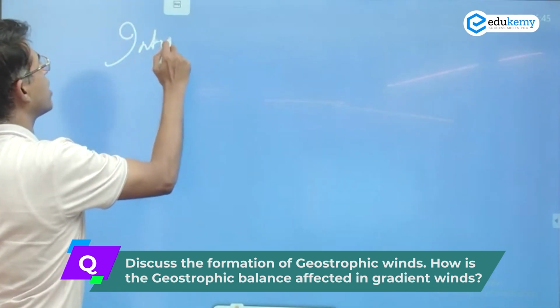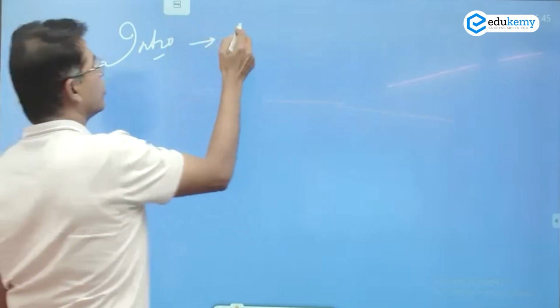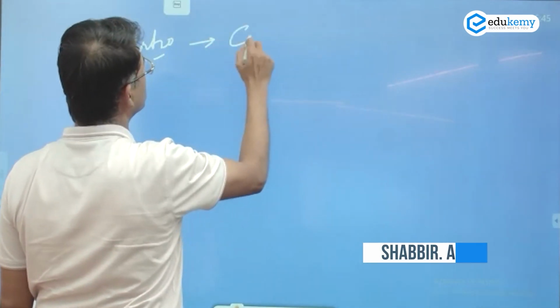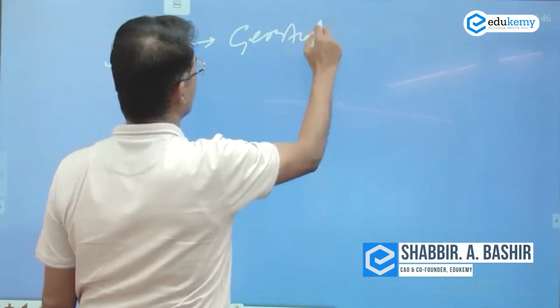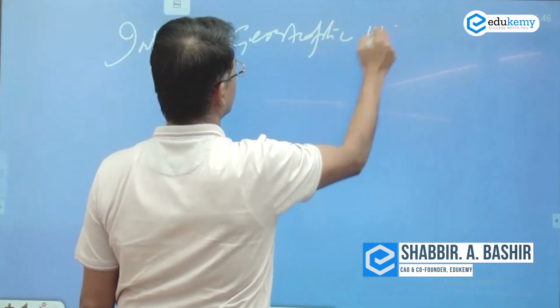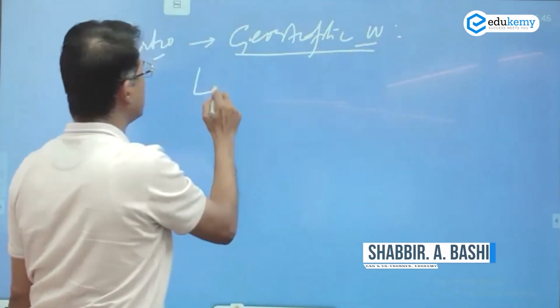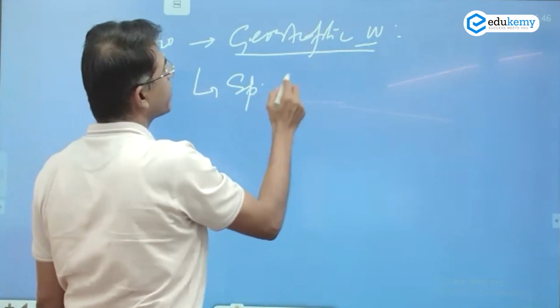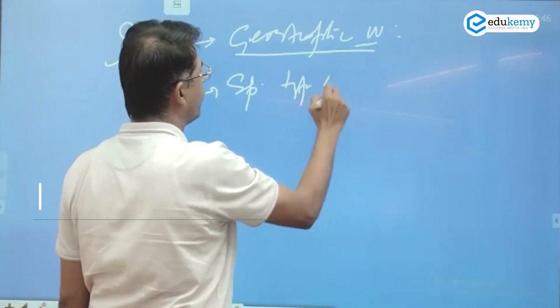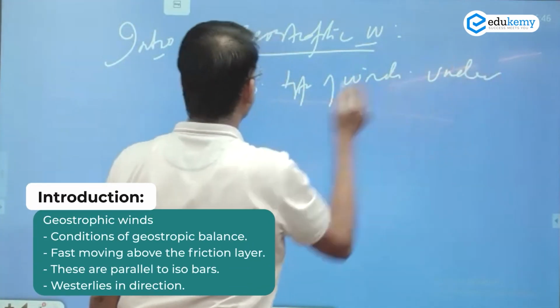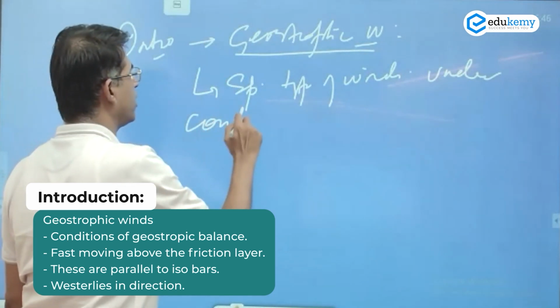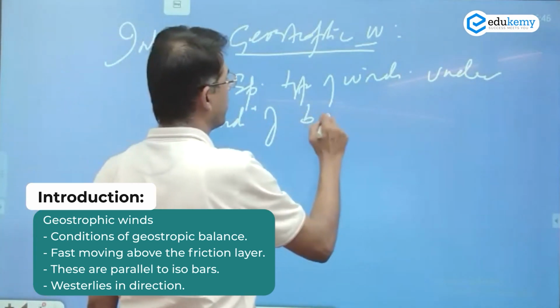You have an introduction. So you explain what is geostrophic winds. So geostrophic winds, these are a type of winds under conditions of balance.